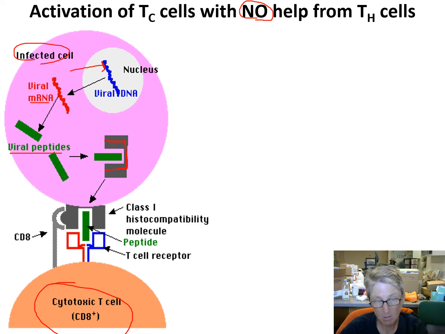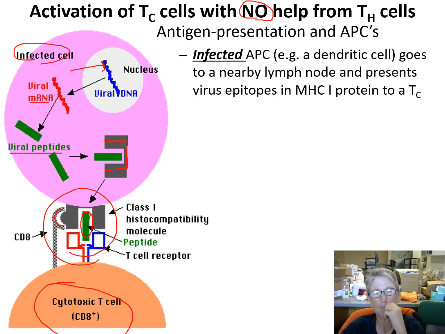Now this infected cell presented this viral peptide, or this epitope, in a class 1 MHC molecule. The cytotoxic T cell came along and recognized the class 1 MHC molecule holding this viral peptide, and when the T cell receptor recognized it, the CD8 co-receptor bound to it too. It doesn't show it in the cartoon, but when all this synapse happens, the cytotoxic T cell can kill the infected cell.